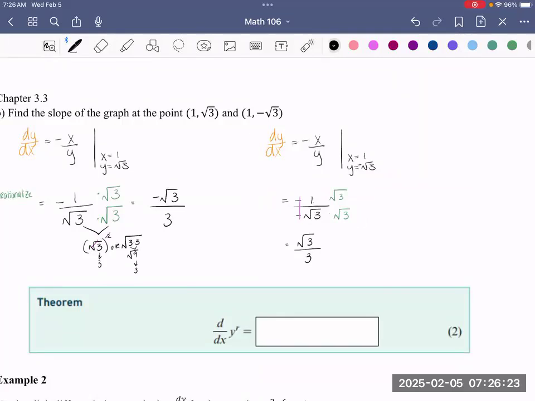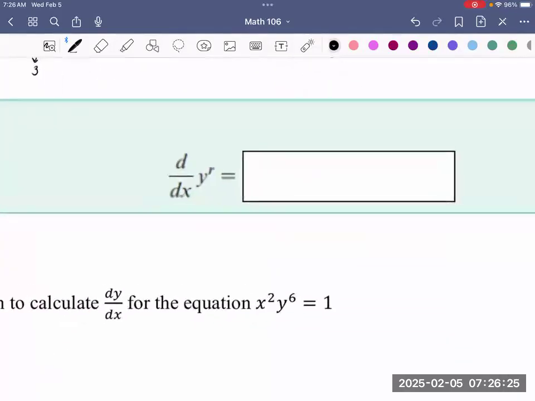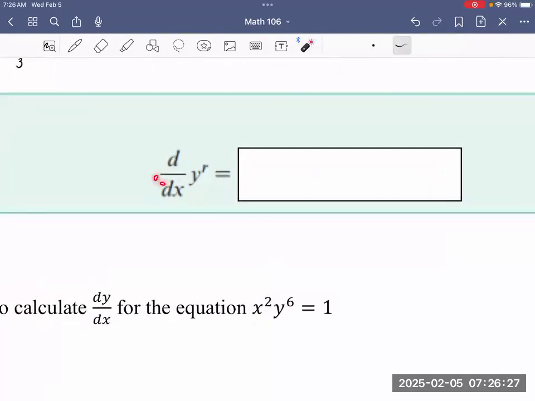Now there's a theorem for this. It says d over dx of y to the r is equal to, which you're just going to perform. It's just saying, can you derive y in terms of x when y has a power? When y has a power, we're going to bring that r down as we normally would. R comes down, y stays the same. And then with your power rule, we subtract the 1.